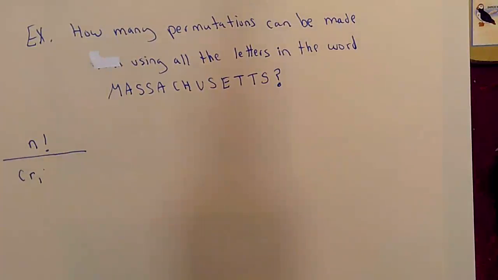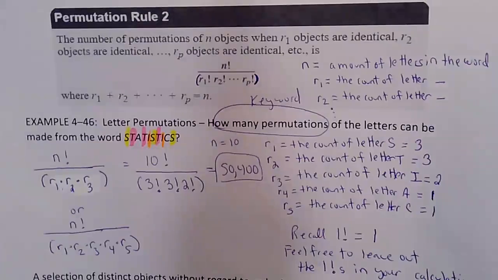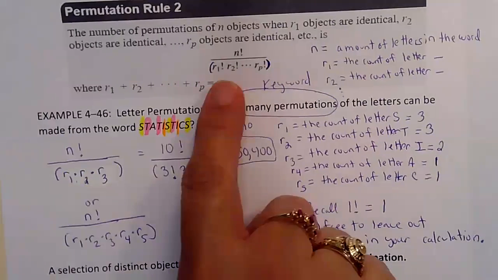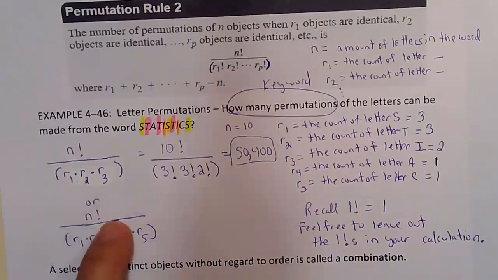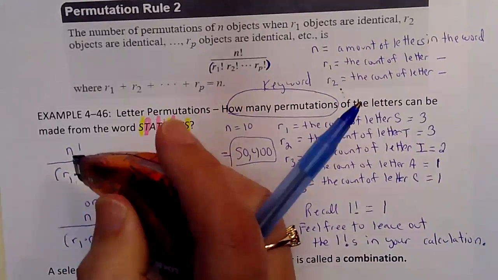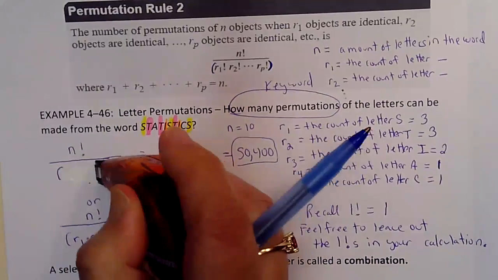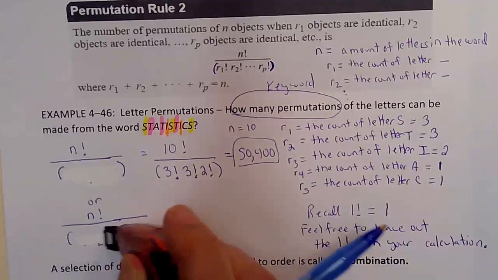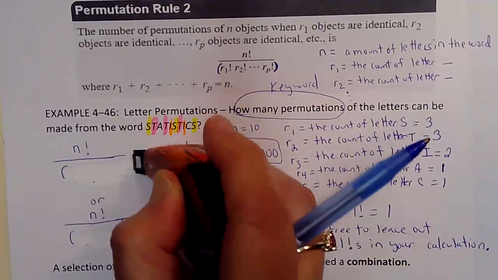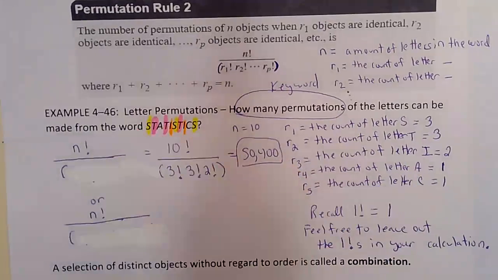Oh, and actually, I'm noticing I left off something in this formula here. I forgot the factorials. So I need to go back and add that in on this one. It should be R1 factorial times R2 factorial times R3 factorial, from the previous one we were doing.